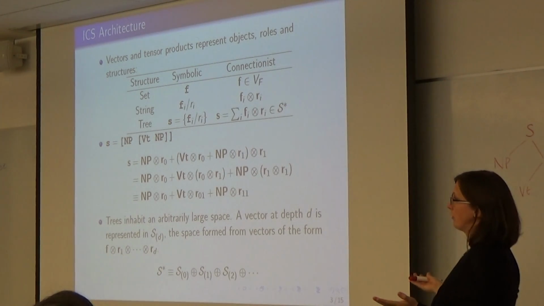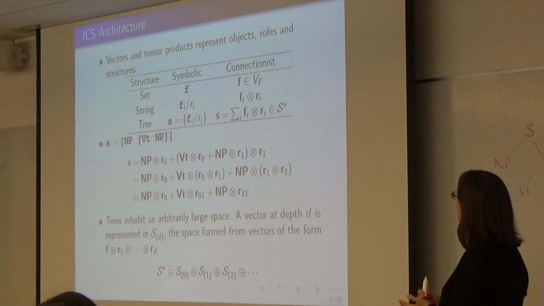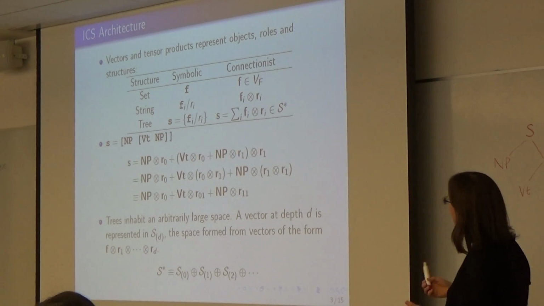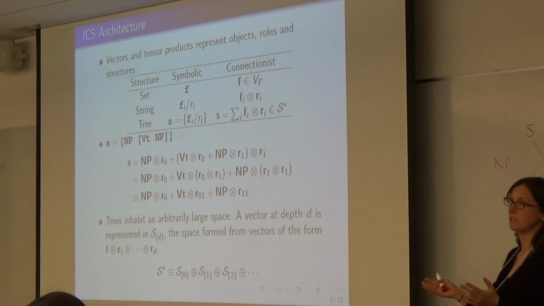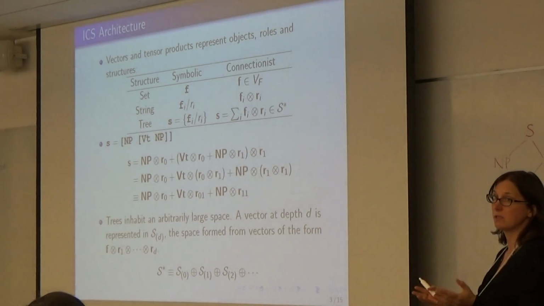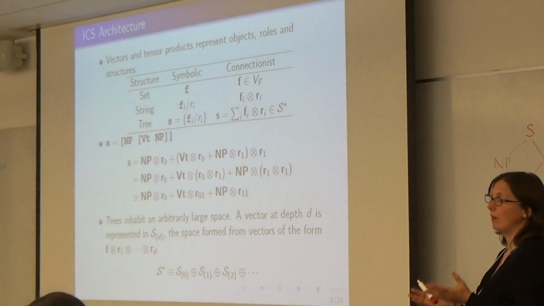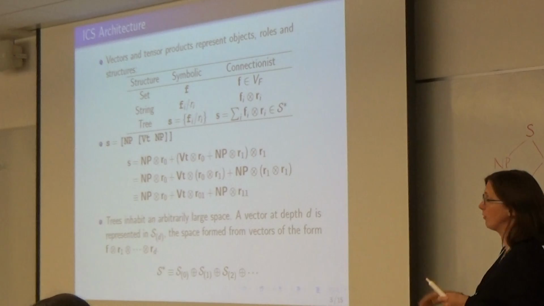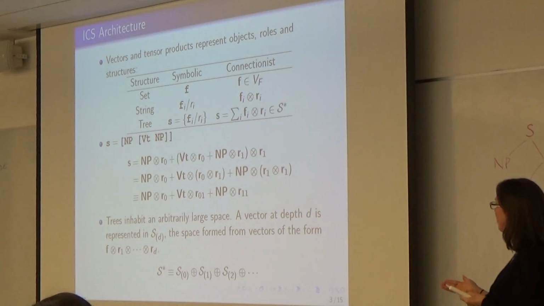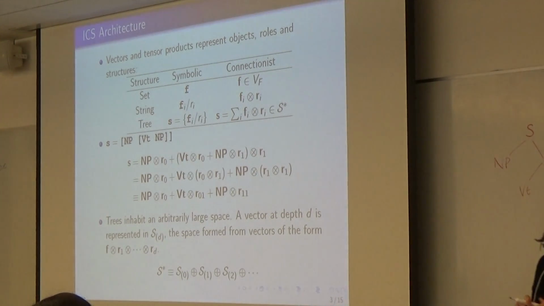So we need an arbitrarily large space. Also, it's not totally clear how you would compare two different sentences there. If you've got sentences with different depths which inhabit different spaces, it's not totally clear how they compare.